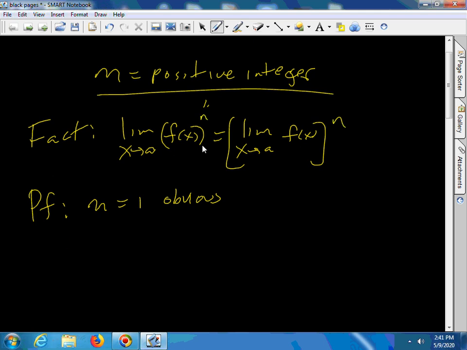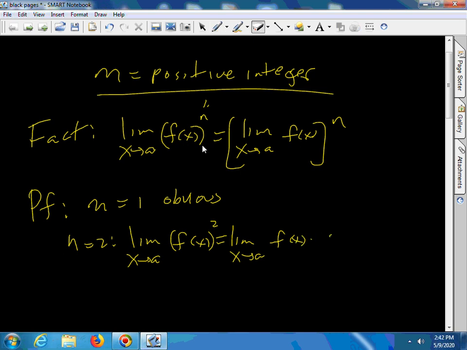Okay. If n is equal to 2, well, you have the limit as x goes to a. So let's prove another base case of f of x squared. Well, this is the limit as x goes to a of f of x, times f of x.